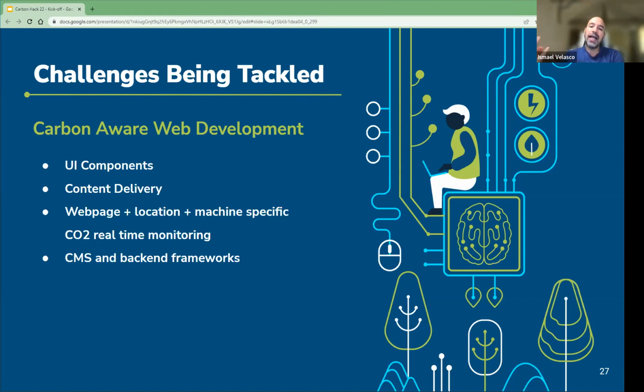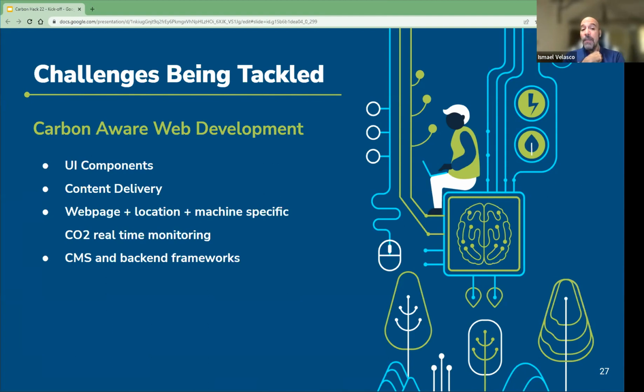They are also looking at much more granular web page CO2 calculations that do not just take account of averages and trends, but actually look at the web page, the location, and the machine that is consuming it, which could have really big implications for the approach we take to metrics, which I think still misses important dimensions that would be covered by this.